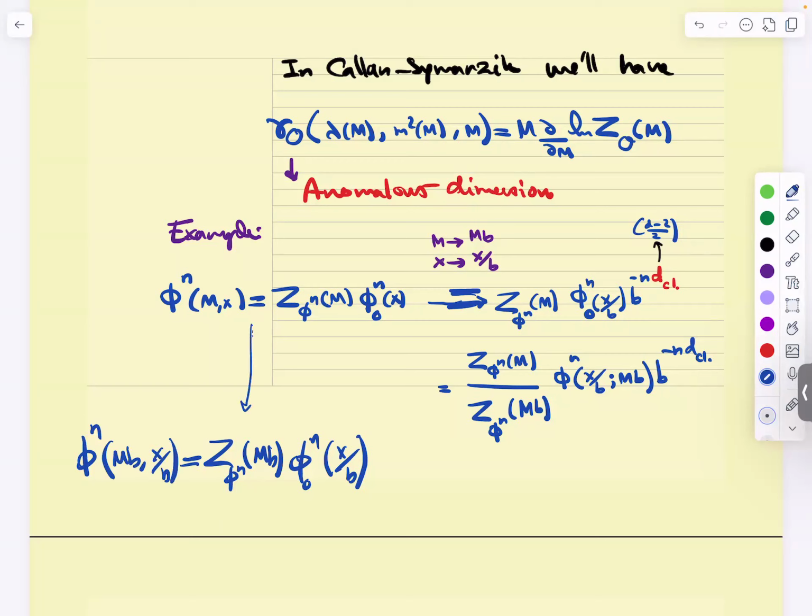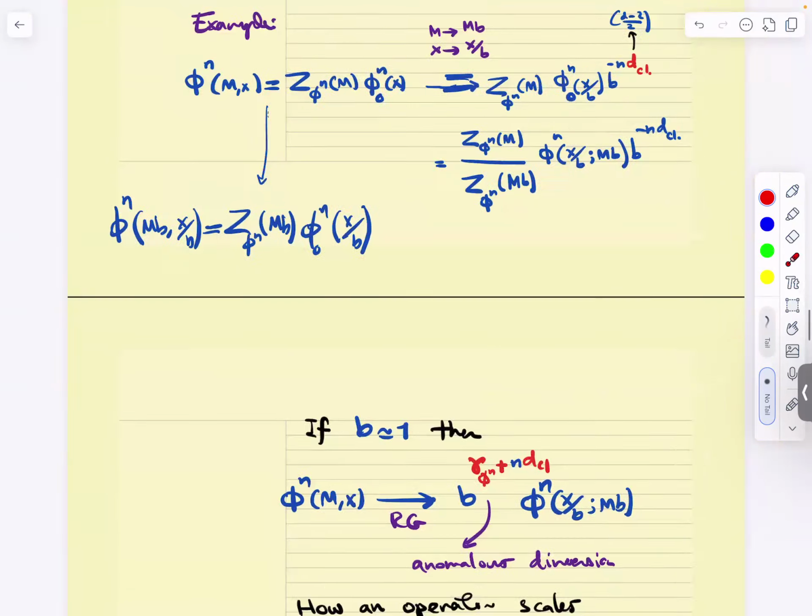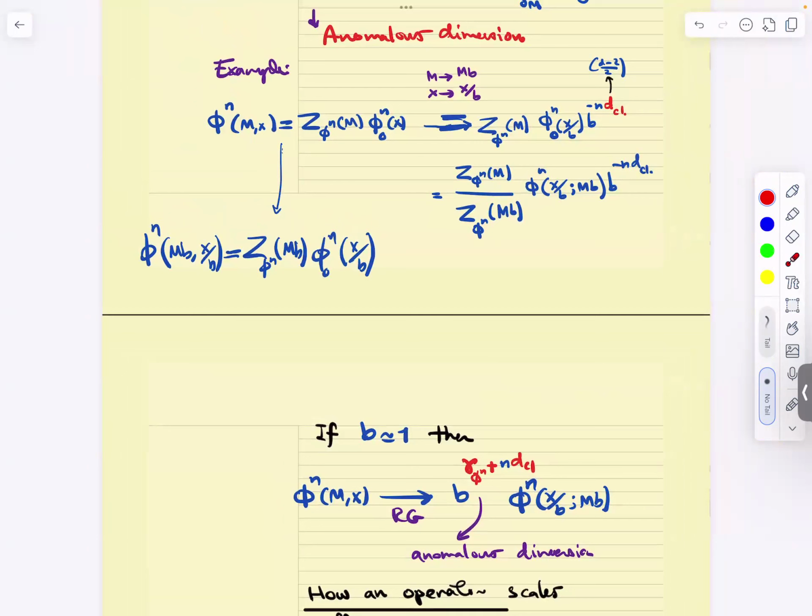This is just, I copied this equation with new values. Use this equation to eliminate phi^n in here, and you get this. Good? All right.